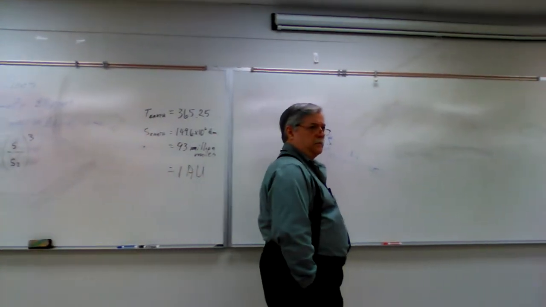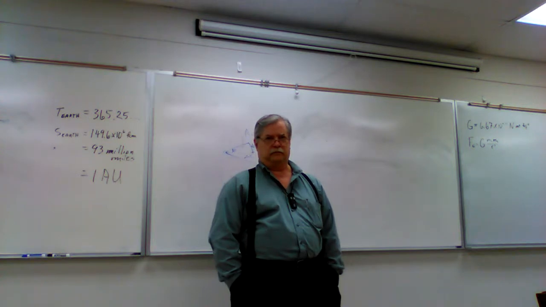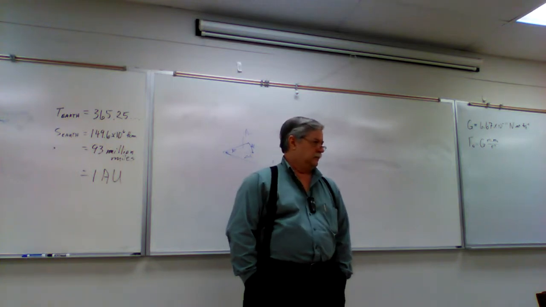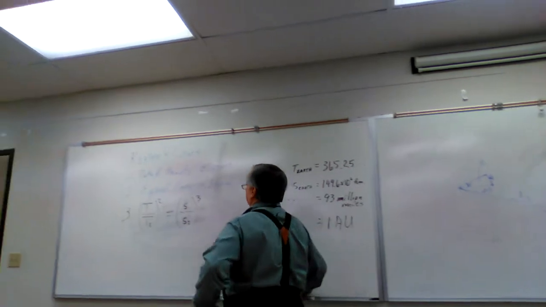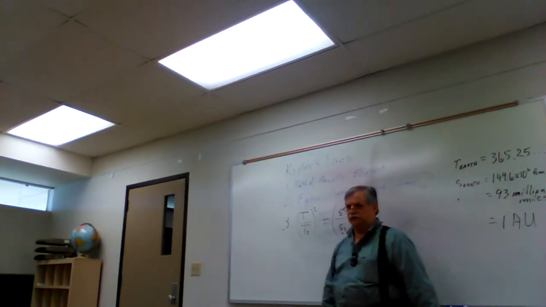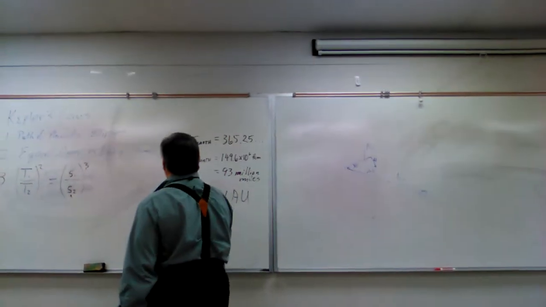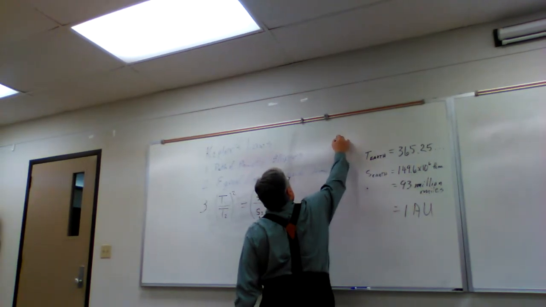Now, what is the mean distance of any planet from the sun? The average distance it will be from the sun. And this is why the book uses the letter S for distance. Remember, the orbit is not a perfect circle. It doesn't have a radius. It's an ellipse.